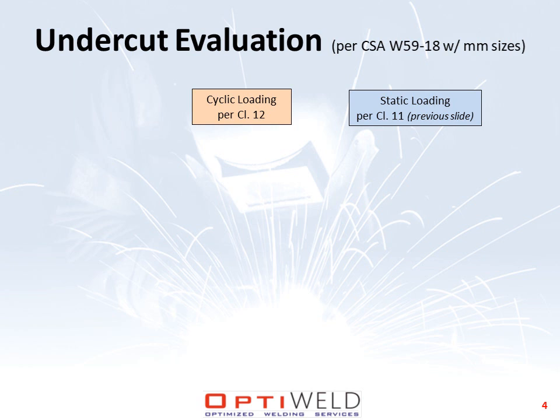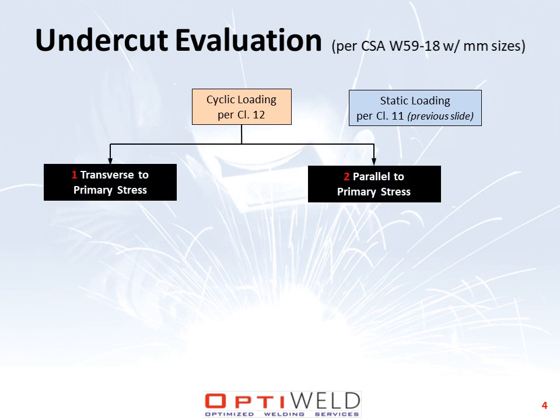Things are a lot more complicated for Clause 12 inspection in that there are 3 options to use in evaluating undercut. One of these first 2 options would be used when primary stresses on the weld are either along or across the weld.